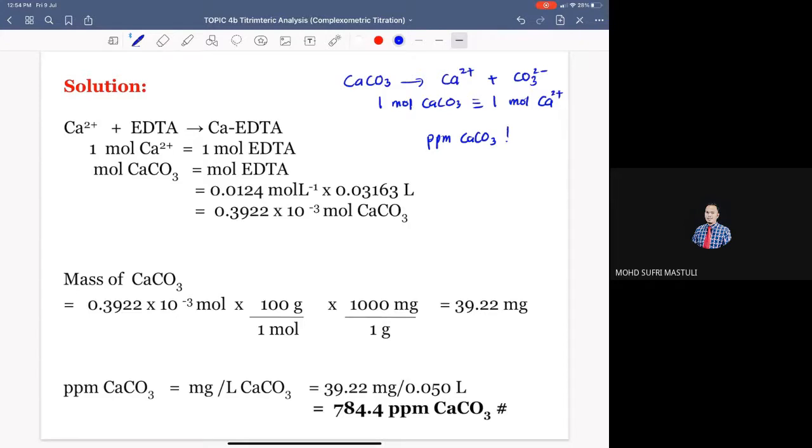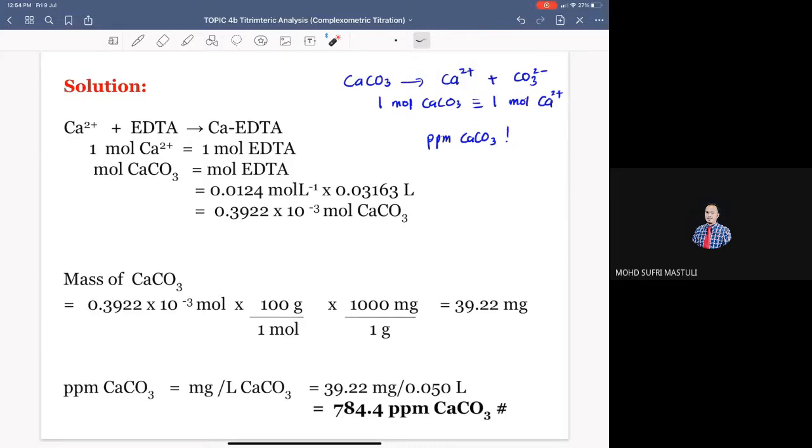So we can calculate the moles of calcium carbonate from the moles of EDTA, because the relationship is 1 to 1.